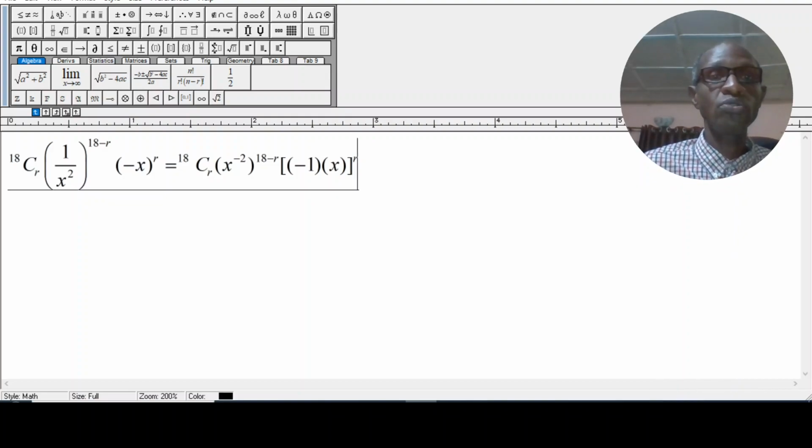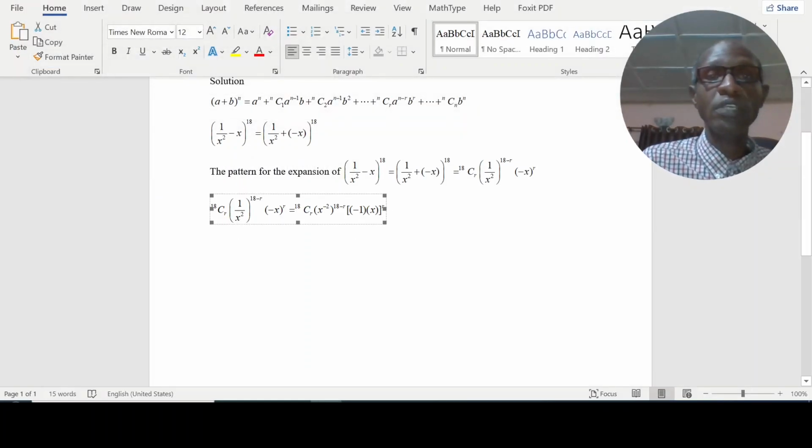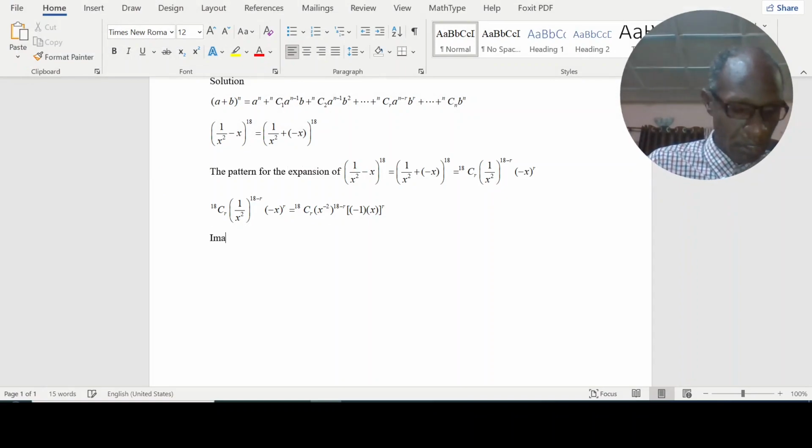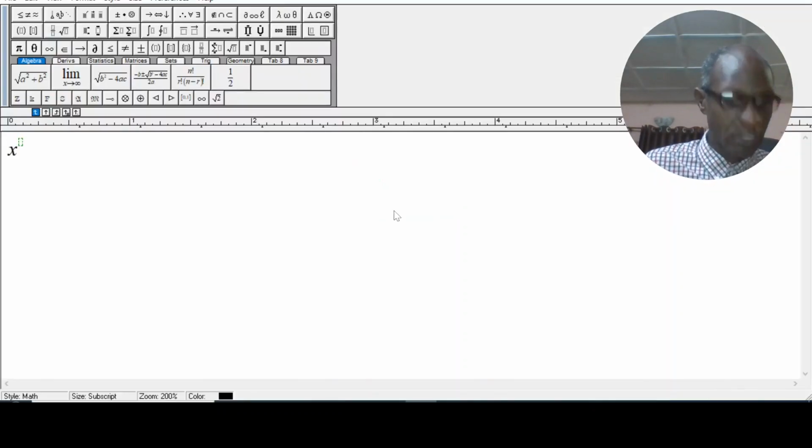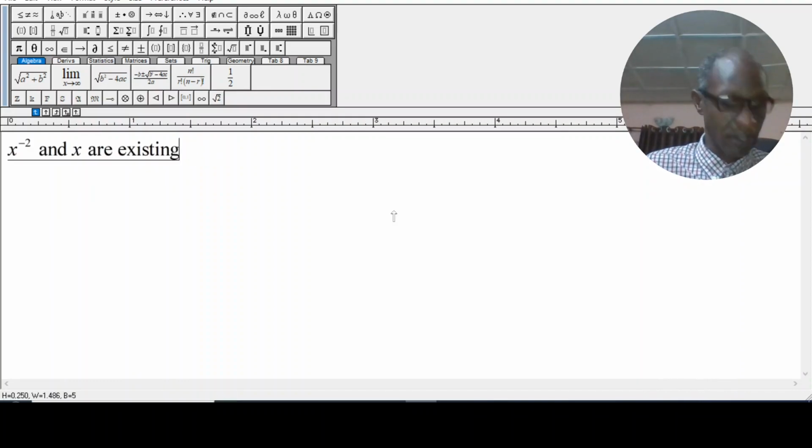After you have gotten this expansion, imagine that only x raised to the power of minus 2 and x are existing.